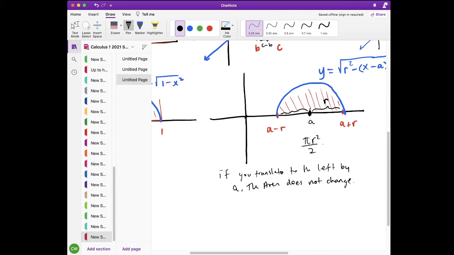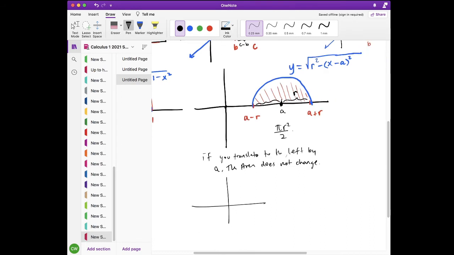So let's both graph it and then look at what a translation does to the function. So if I translate to the left by a, where's the center of my circle?